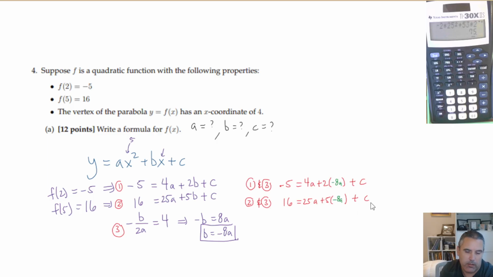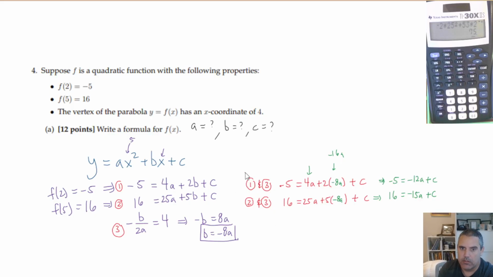I went from 3 equations with 3 variables to 2 equations with 2 variables. So now I have negative 5 is equal to, so let's just do this, 4a and negative 16a. So that's going to be negative 12a plus c. And this one's going to be 16 equals, so this is going to be 25 and negative 40. So I think that's negative 15a plus c.